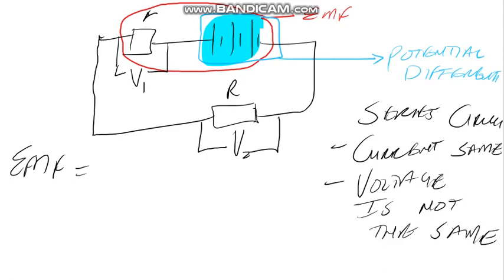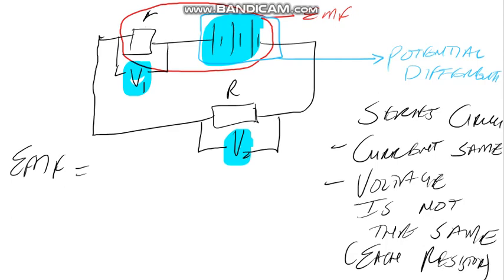You know why the voltage is not the same? Because you have to calculate a volt drop, V2 and V1, for each resistor individually. Each resistor will have a volt drop. That's why voltage is not the same, but the current is the same.